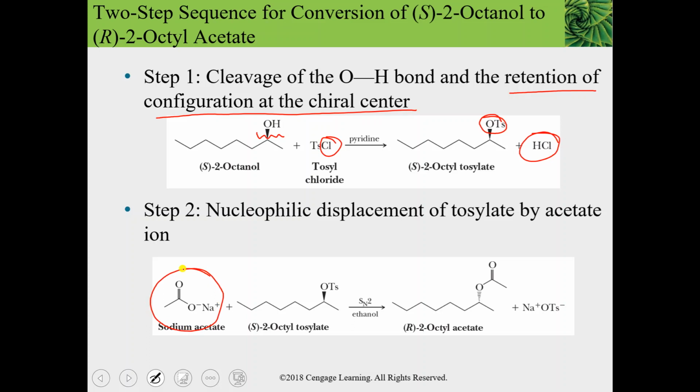So what happens? It comes in, it displaces this by way of a back attack. Ergo, we go from wedged to dashed. Note now the chirality is different. The configuration of the chirality is different. So we get this back attack. So that's how we go from a wedged to a dashed.